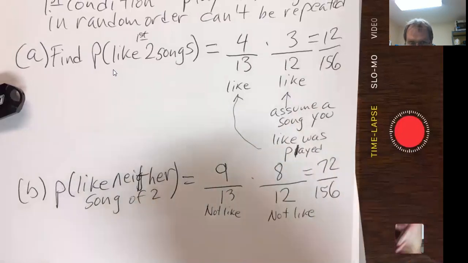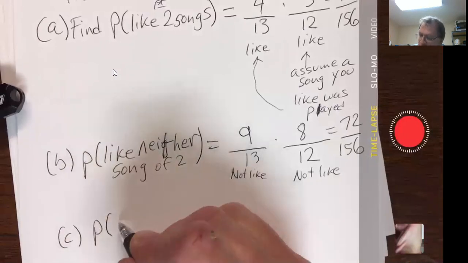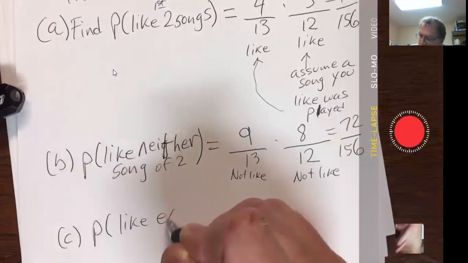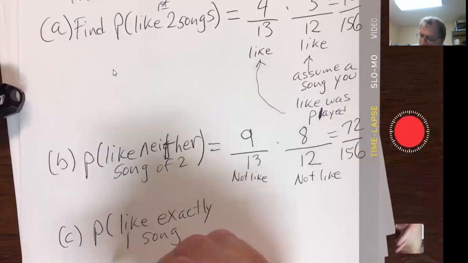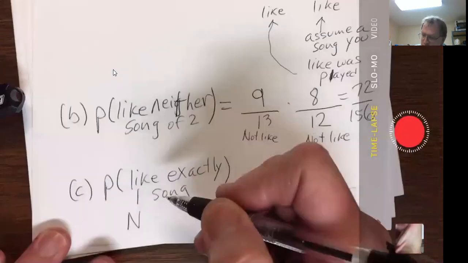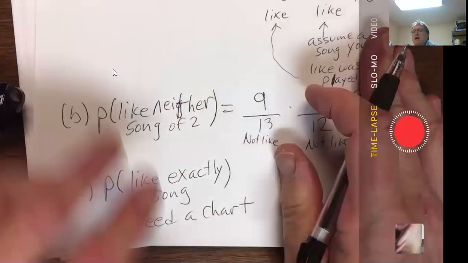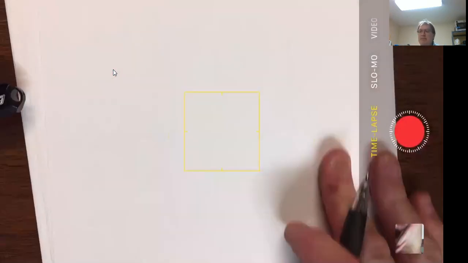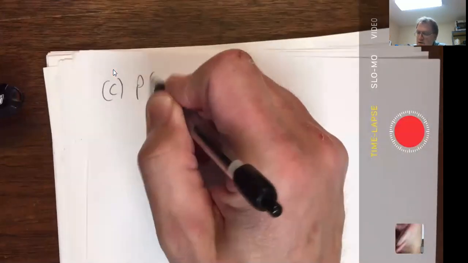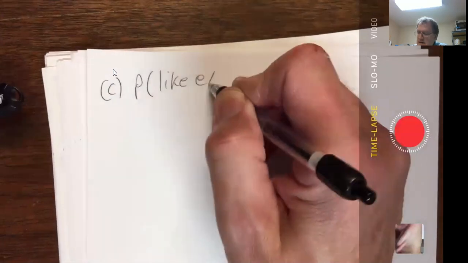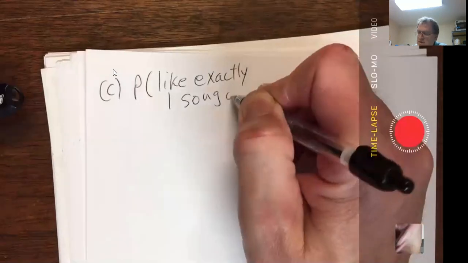Now, what's really tricky was part C, the probability you like exactly 1 song. All right, you need a chart. I'll do it on the next page because I ran out of room. So part C, probability you like exactly one song of 2.